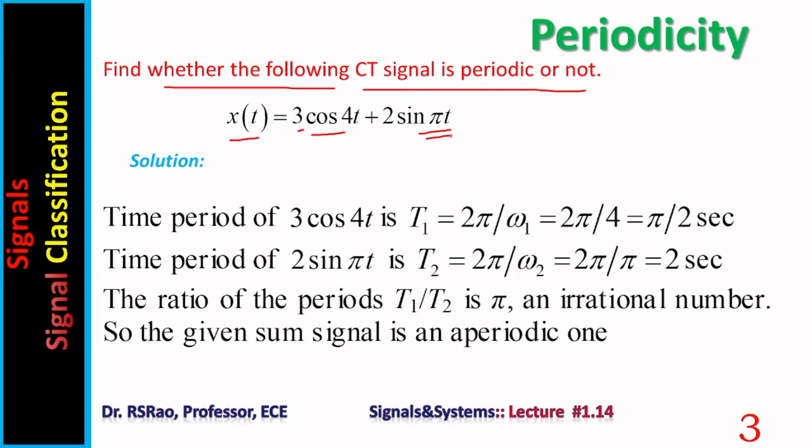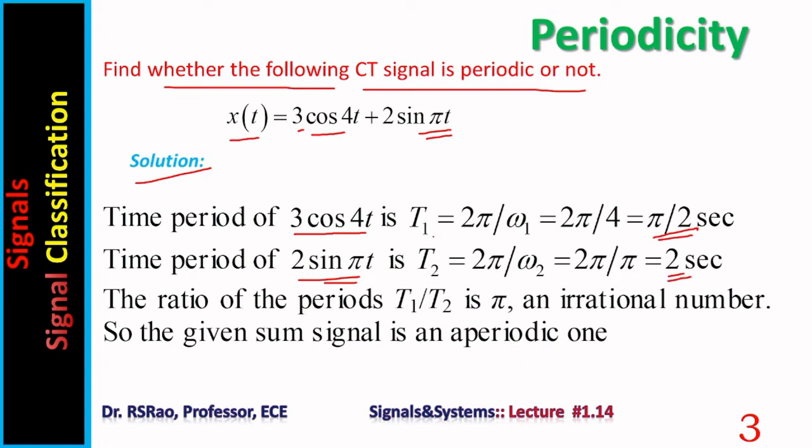Let us see whether x of t is periodic or not. Solution. Time period of the first one, 3 cos 4t, is pi by 2 seconds. Time period of 2 sine pi t, the second signal, is 2 seconds.